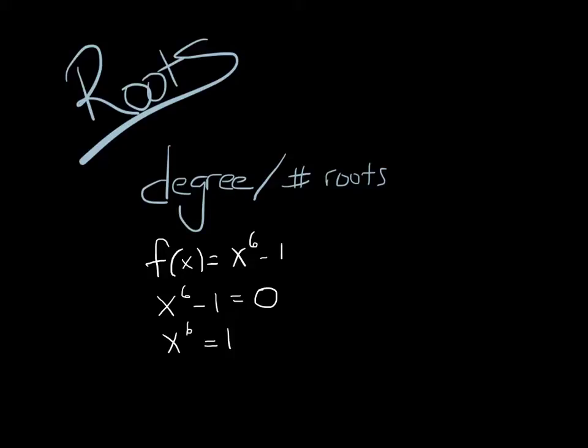And then if we take a 6th root, we would have plus or minus 1, because 1 to the 6th equals 1, but also negative 1 to the 6th equals 1. But that's only 2 roots, a positive and a negative. There should be 4 others because we have x to the 6th power. So the 4 others must be complex roots. So today we're going to go about looking for those complex roots.